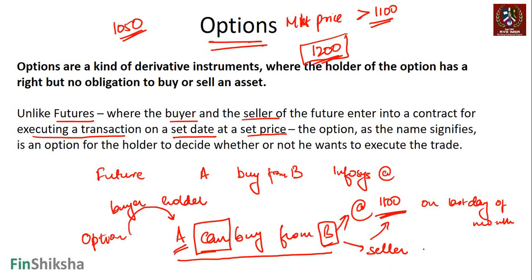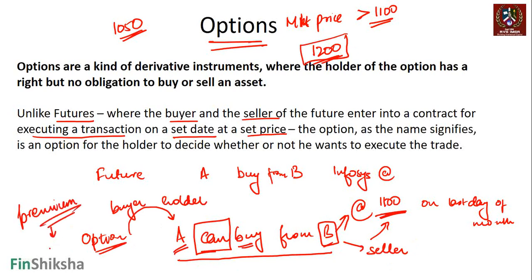So what is happening is A will have to buy this option from B so that later A can buy the stock from B, right? Today, this power or this option that is in the hands of A, B is not going to give for free. So B is going to charge a small premium.